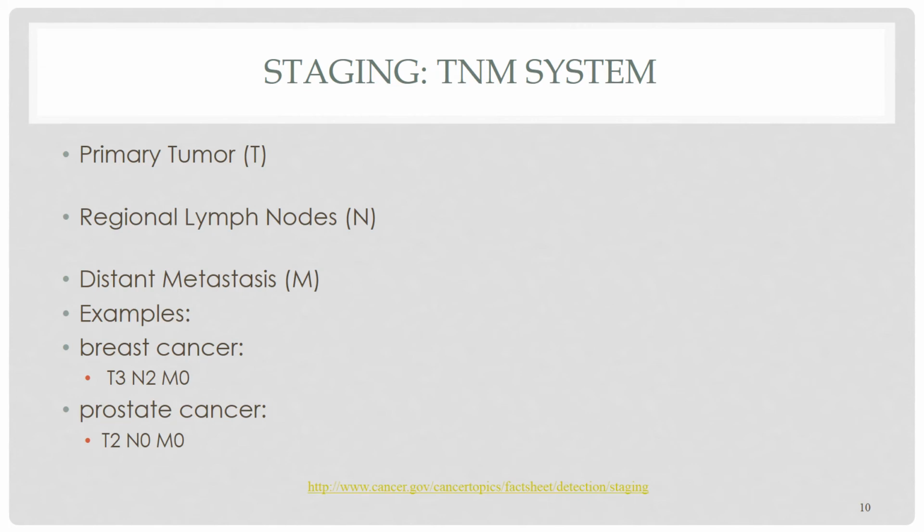TNM system is an important classification system, and it gives you a better idea of what's going on compared to a simple staging system. So if we have TNM, under T we are examining the primary tumor and its size.